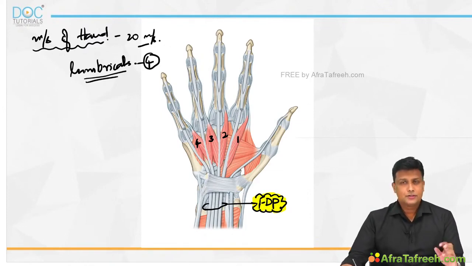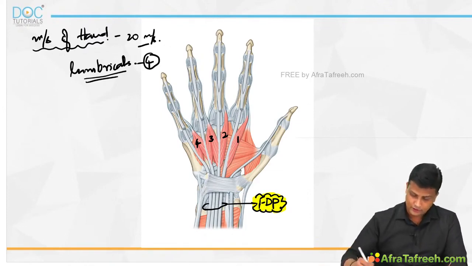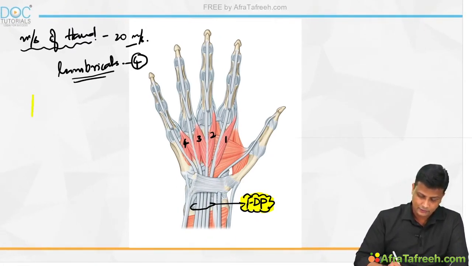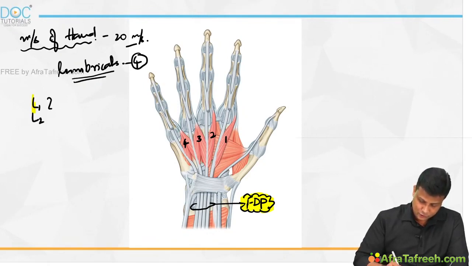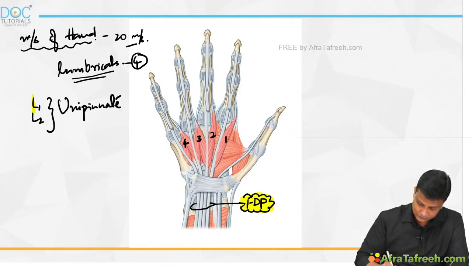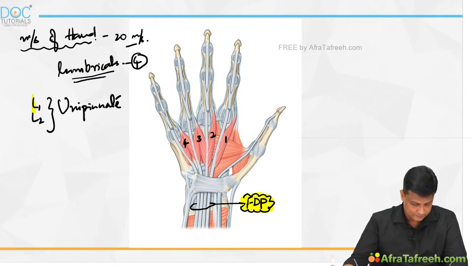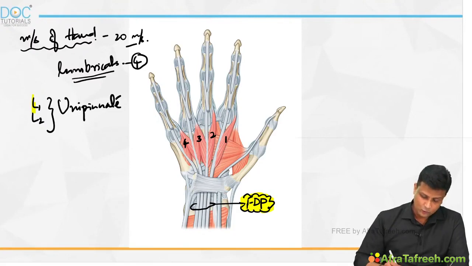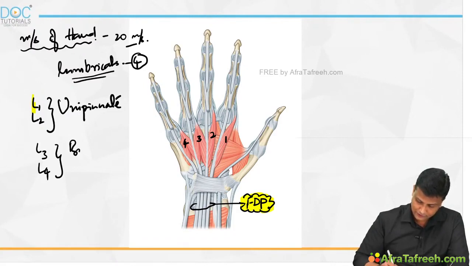Fine. So that is about the lumbricals. Now out of all these 4 lumbricals, we all know very well that lumbrical number 1 and lumbrical number 2, L1 and L2, these 2 lumbricals are unipinnate, whereas lumbrical number 3 and lumbrical number 4 are bipinnate, and we can clearly appreciate that in the diagram also.